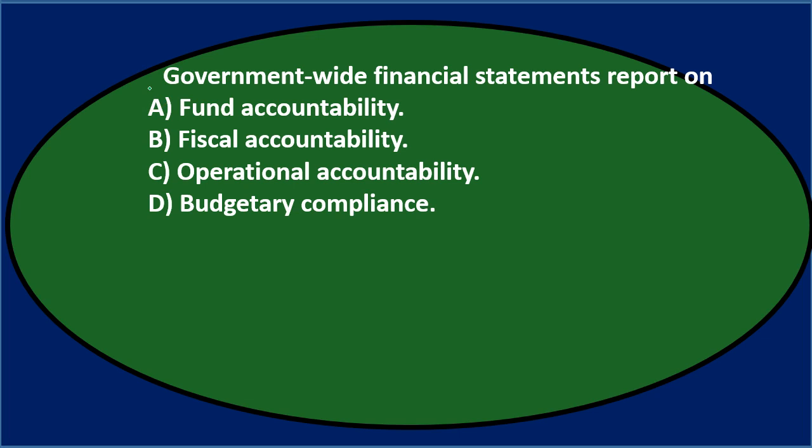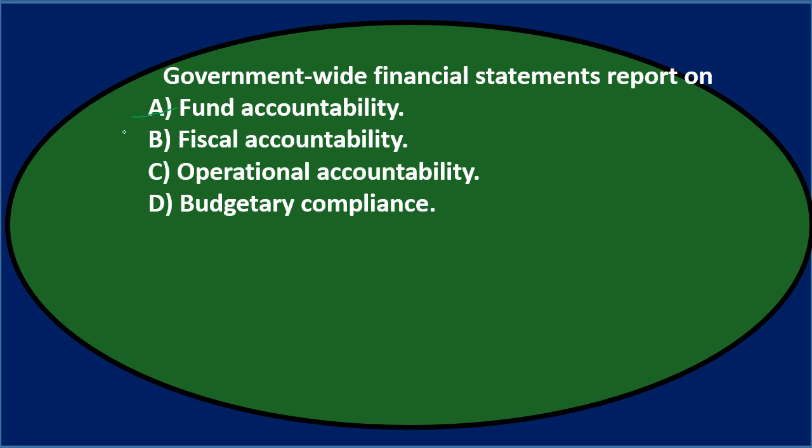You could think of it as two separate items that we're recording these items in. The government-wide is the government as a whole on the accrual basis; the fund accounting we break out into specific funds and be more specialized in terms of the activity related to those funds. So A doesn't seem to be it because we're talking fund accountability and we're talking about the government-wide side here, which isn't the funds.